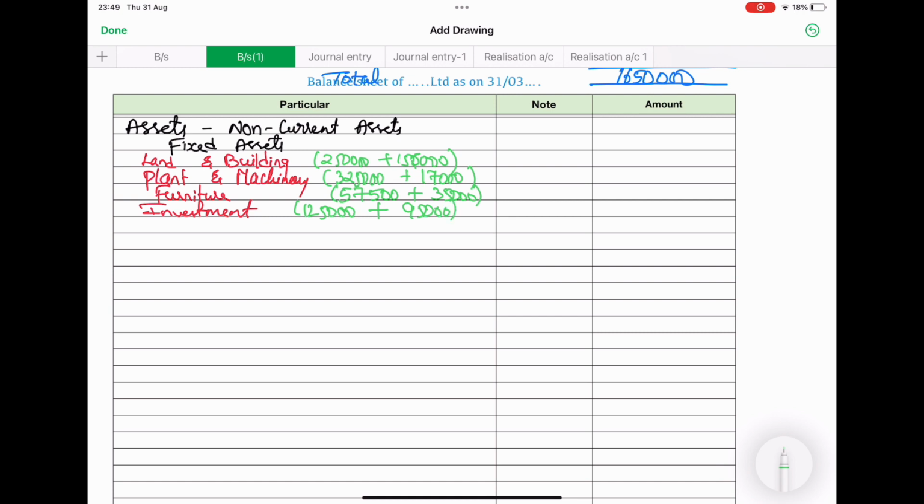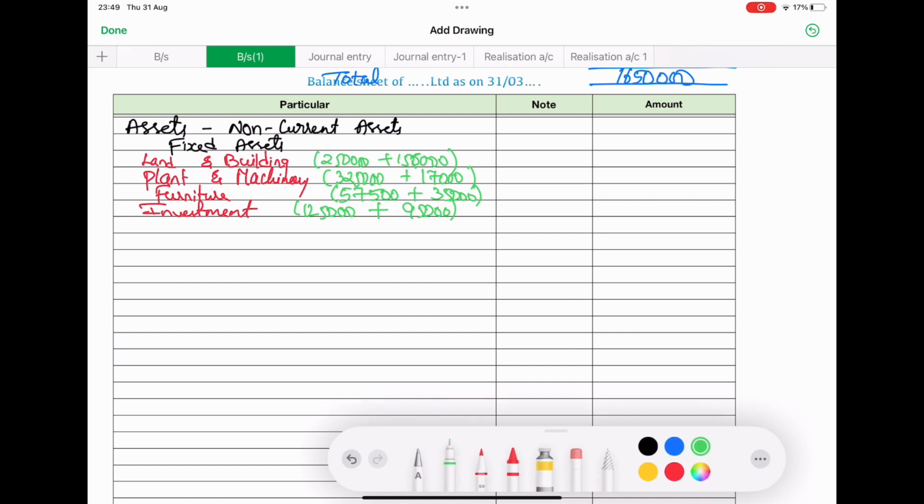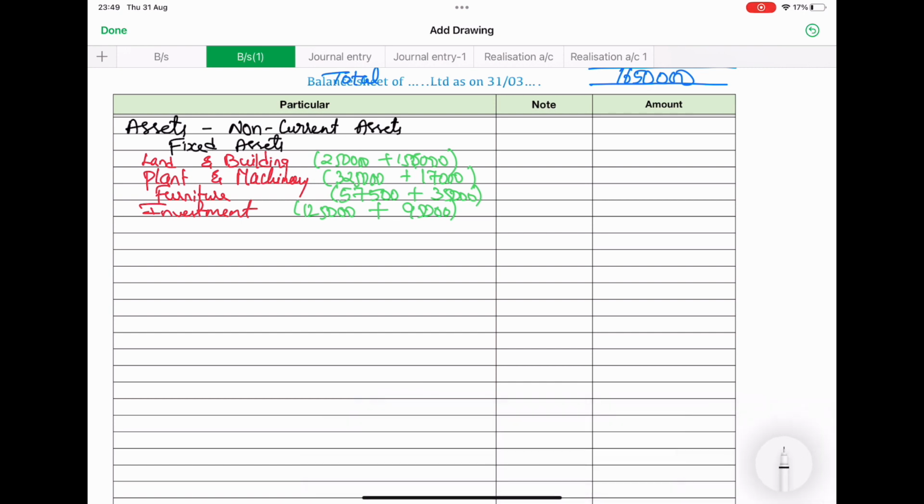Next we have current assets. Non-current assets are the fixed assets.